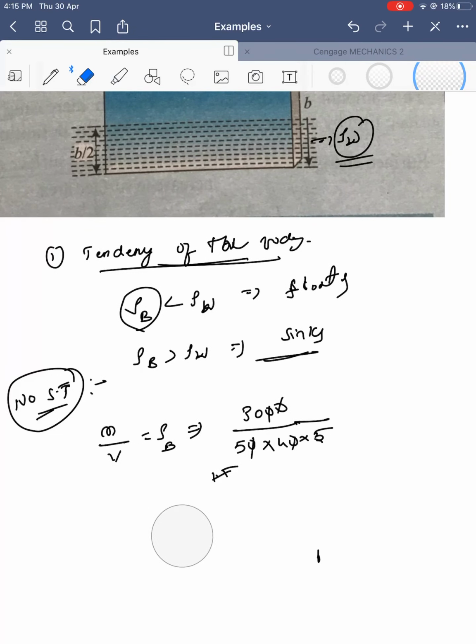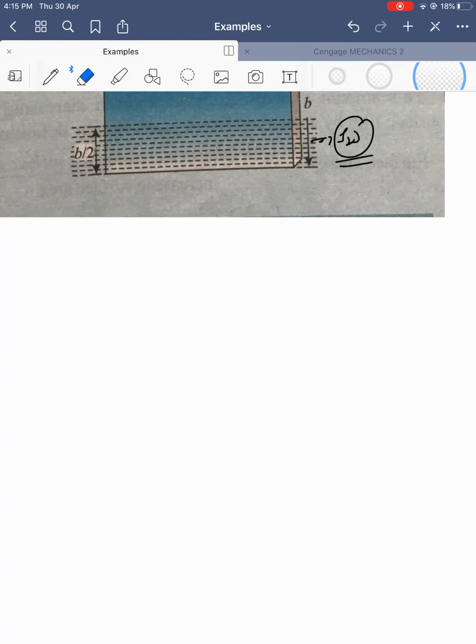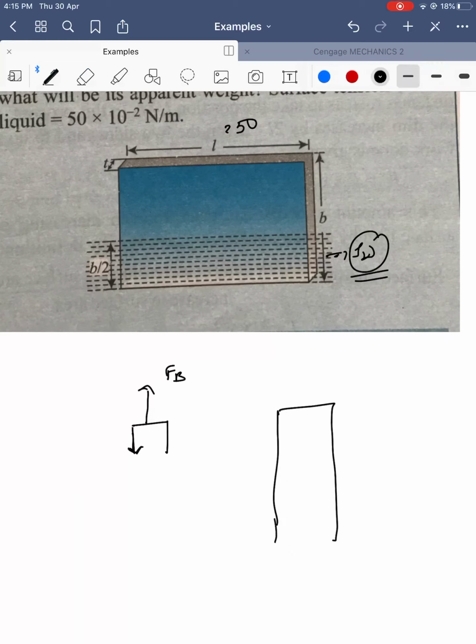I am going to erase this part. It's trying to go upward, so surface tension will act in the downward direction. We got this idea. What is the upward force? Buoyancy force. The downward force is T into the length in contact with the liquid.